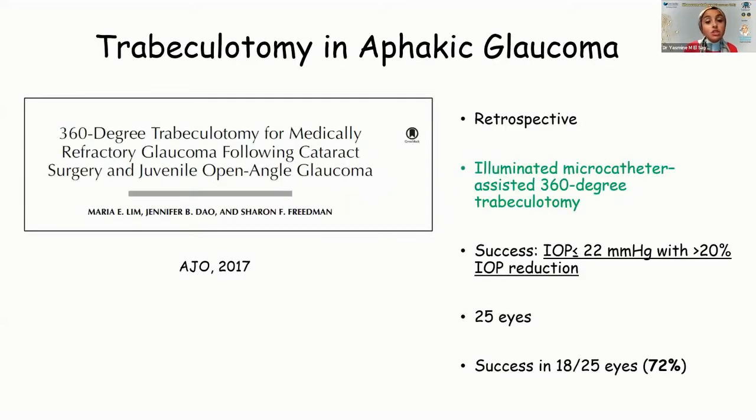Now, looking at angle surgery in secondary pediatric glaucoma, angle surgery has been shown in several secondary glaucomas to be successful in the child. In aphakic glaucoma, it's been reported to have a success rate as high as 70%, according to Friedman and co-workers who used the illuminated microcatheter circumferential trabeculotomy in their cases.